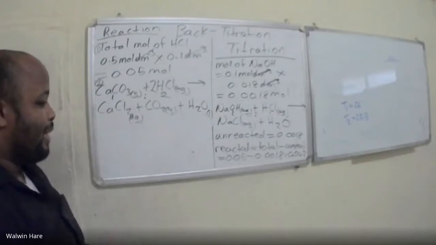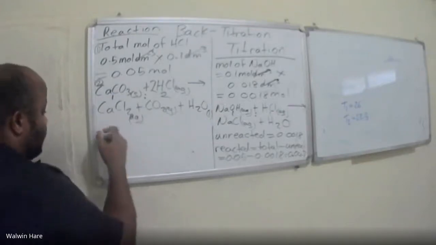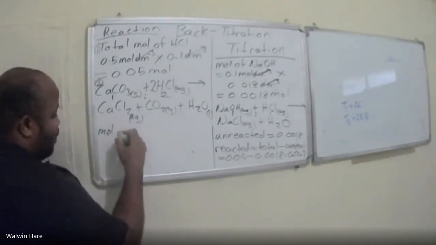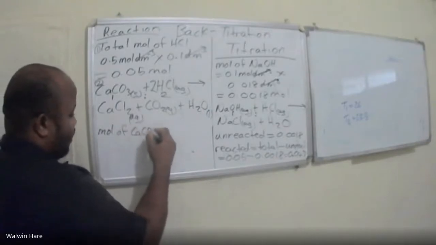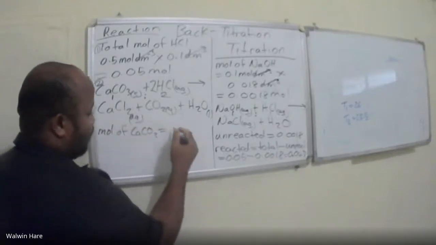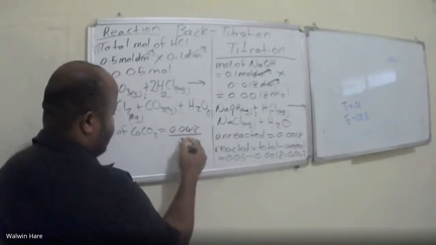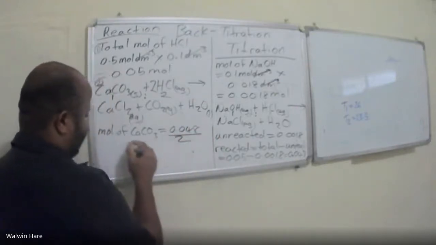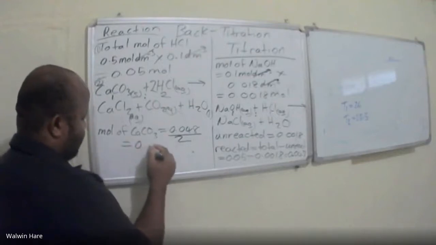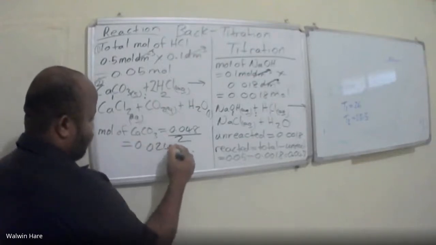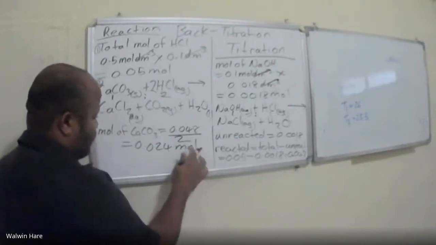We're going to divide by 2. So the mole of calcium carbonate is equal to 0.048 divided by 2, right? And that will give us 0.024 moles.